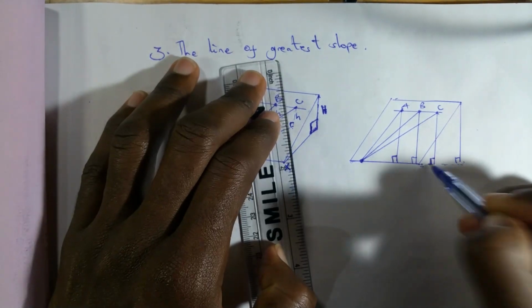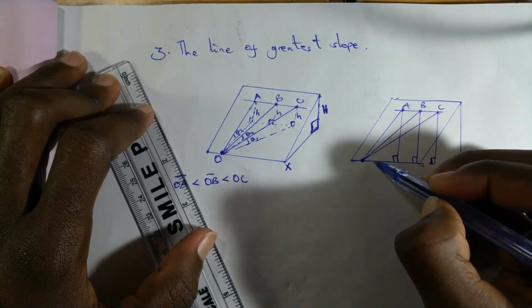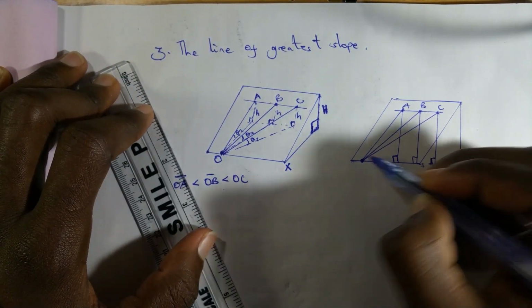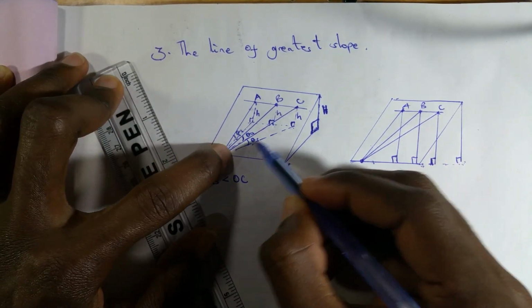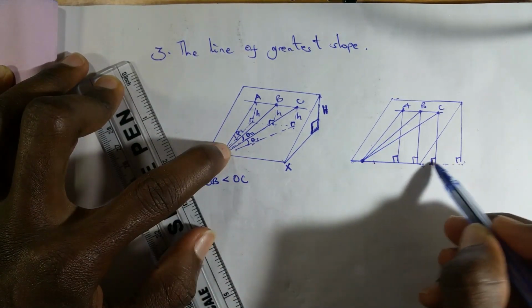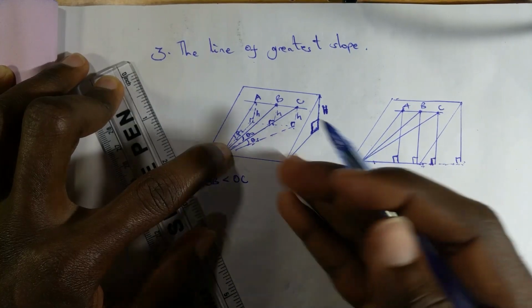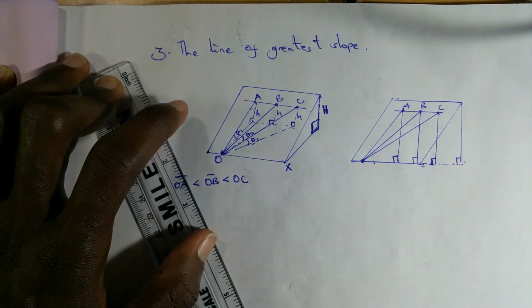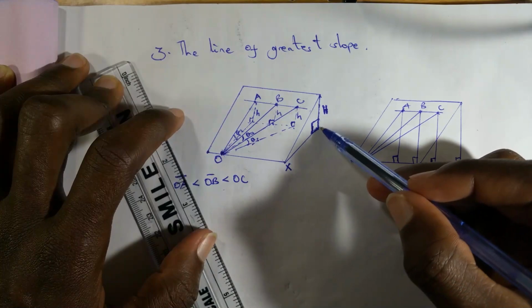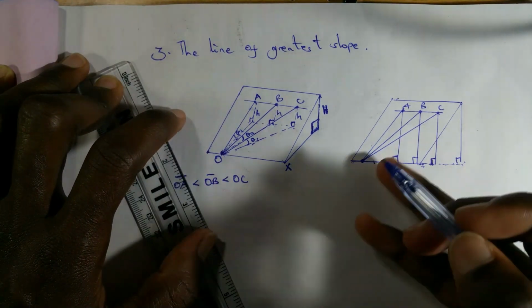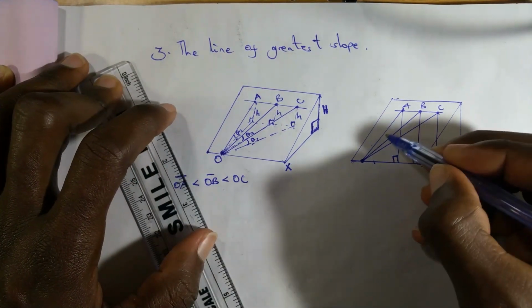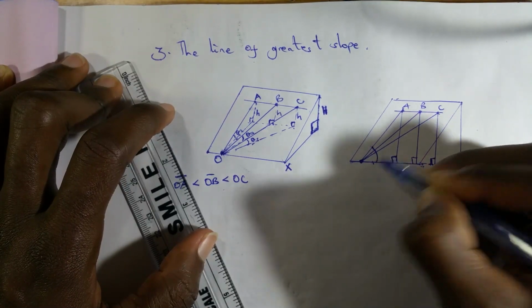You realize that this extension we are seeing is the same as that line down there, only that we were slanting it, but it's along that slant. Are you seeing? Same level and same height, I can say. So that angle is up to this point. That's theta 1.